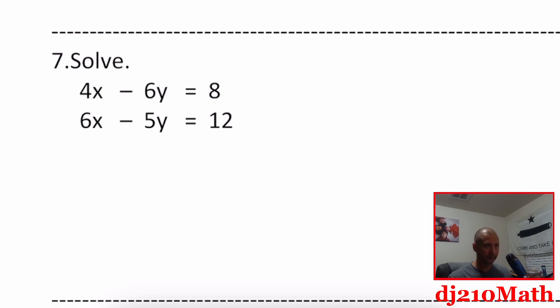All right, 7. 4x minus 6y is equal to 8. 6x minus 5y is equal to 12. All right, so again, I notice right off the bat that 4, 6, and 8 are all even numbers.